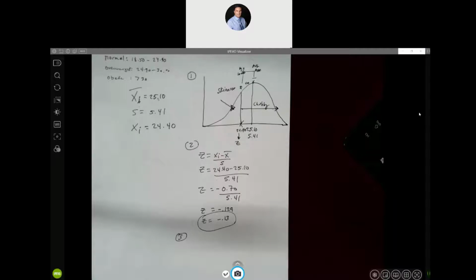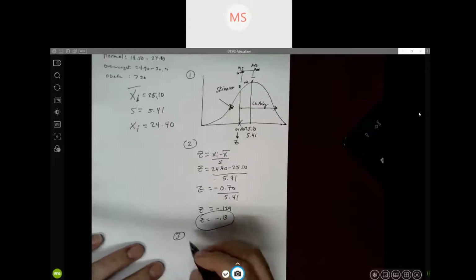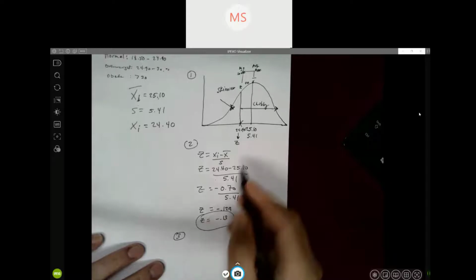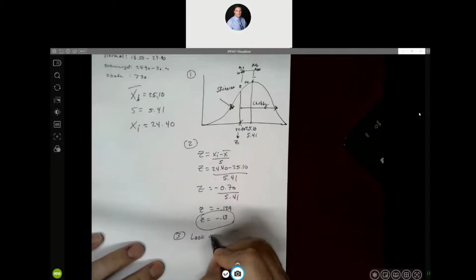So what's going to be the third step that we're going to do, Michelle? We're going to look up the score using the table. We're not going to look up a score. We know what the score is. We're going to look something up, but what are we going to look up?